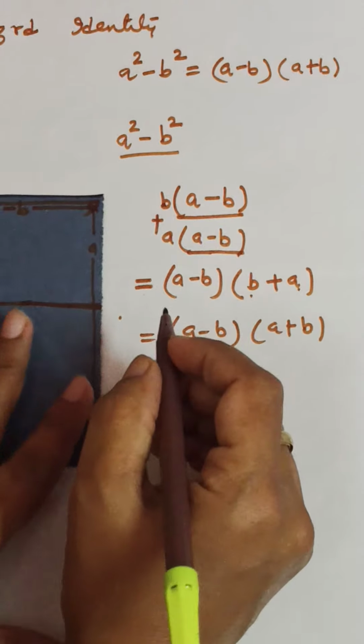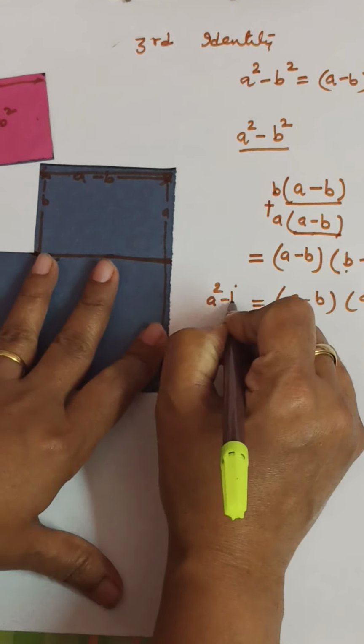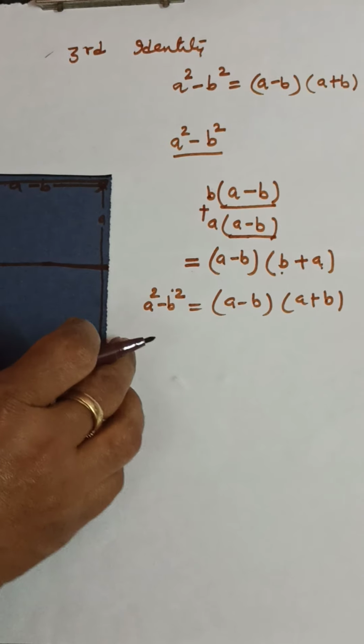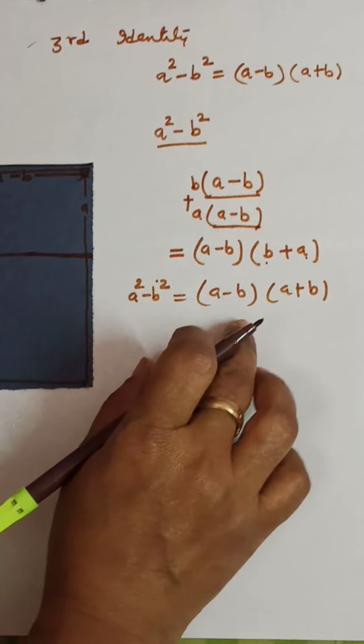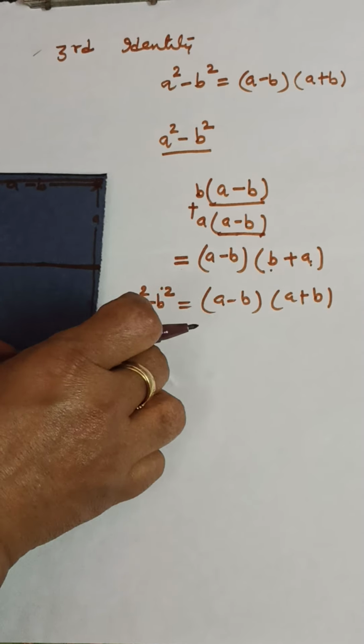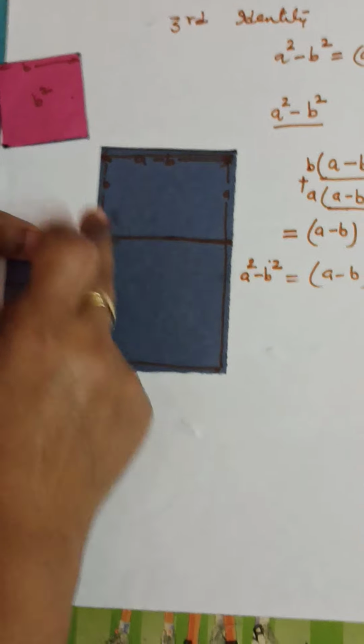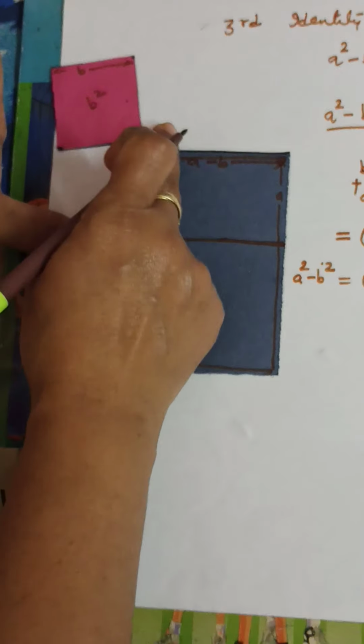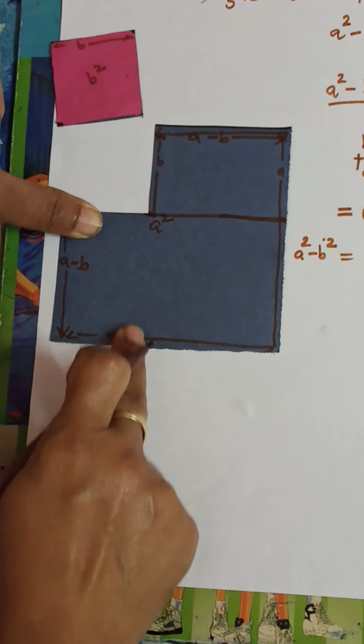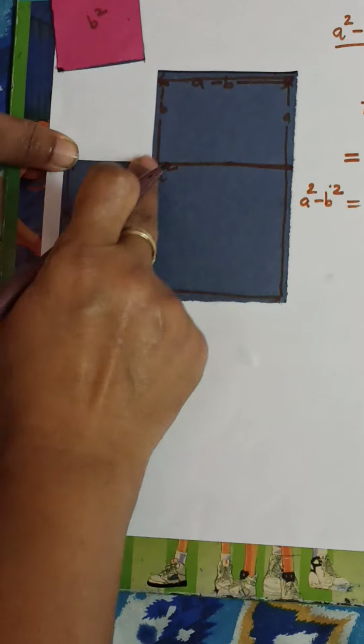So both should be equal: A square minus B square is equal to A minus B into A plus B. You can verify it by dividing this into two rectangles in this way. You do it yourself.